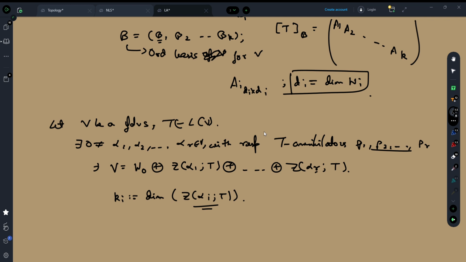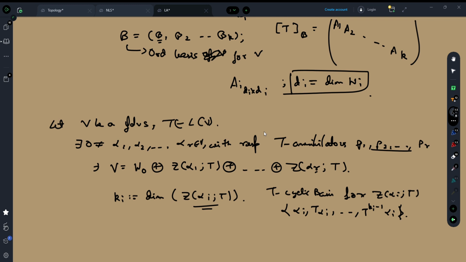Then the T cyclic basis for Z(alpha i; T) basically comes out to be alpha i, T alpha i, and so on till T to the power ki minus 1 of alpha i.